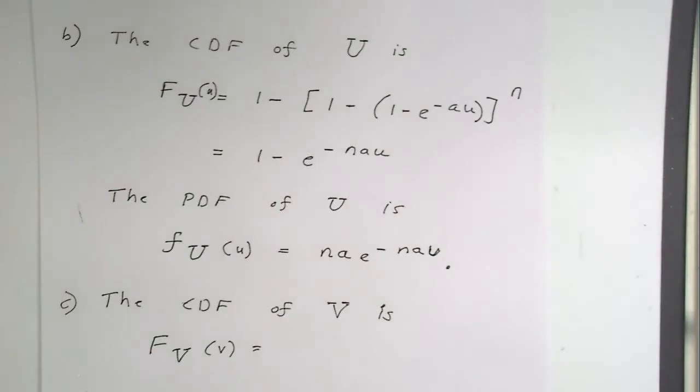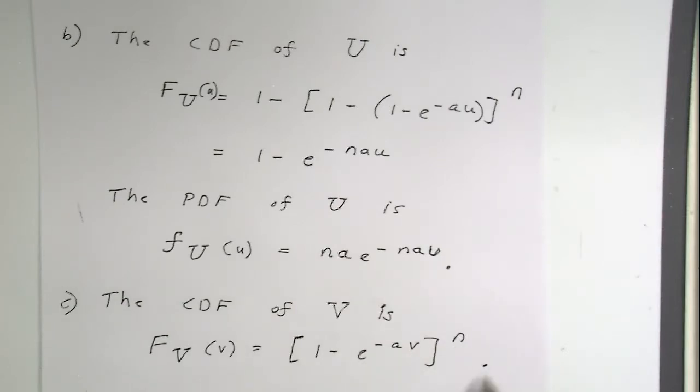This is the formula I derived earlier for the CDF of V. So if I use this formula, you will get 1 minus e to the power n.